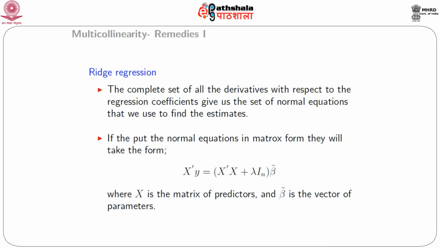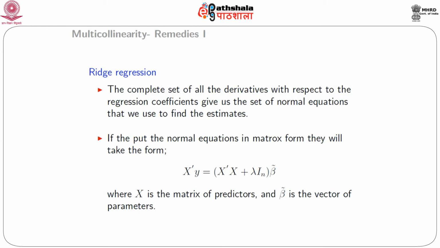If we put the normal equations in matrix form, they will take the form X prime y equals X prime X plus lambda times I n, whole times beta tilde, where X is the matrix of predictors, beta tilde is the vector of parameters, I is the identity matrix, and lambda is called the Lagrangian multiplier.